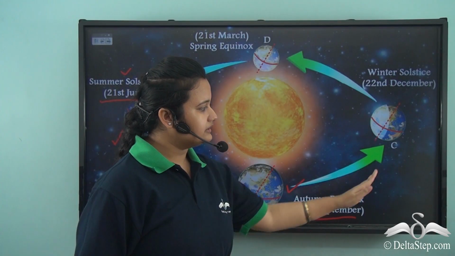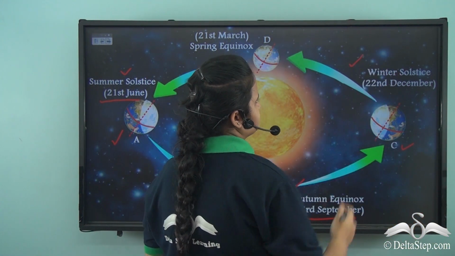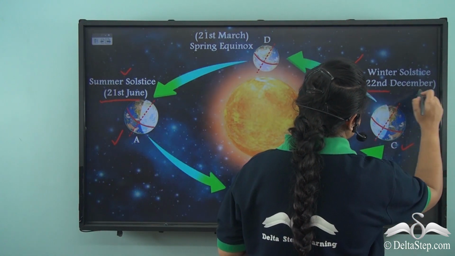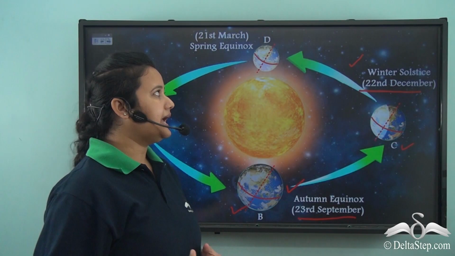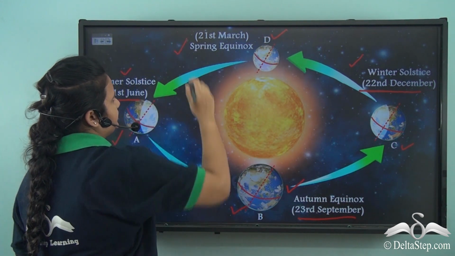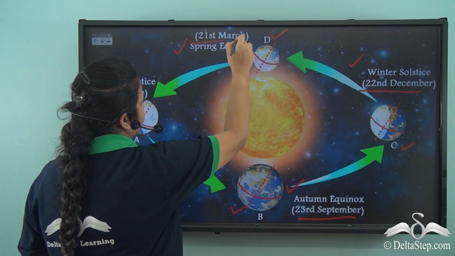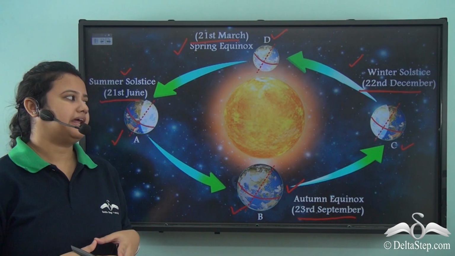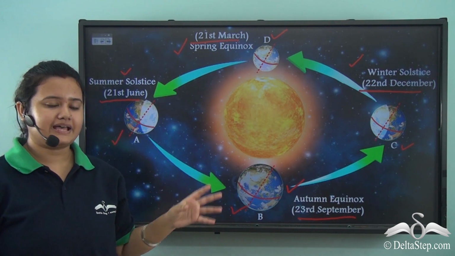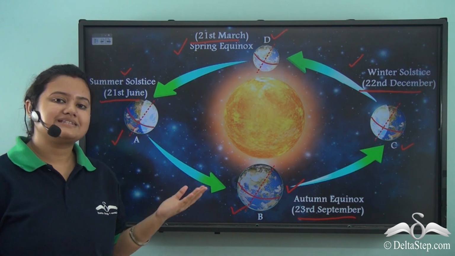Now, as the earth shifts to position C, it experiences winter solstice and winter solstice occurs on 22nd December. Finally, at position D, the earth experiences spring equinox and spring equinox occurs on 21st March. So, here we find that as the earth revolves around the sun and also rotates on its axis, its position changes with respect to the sun.